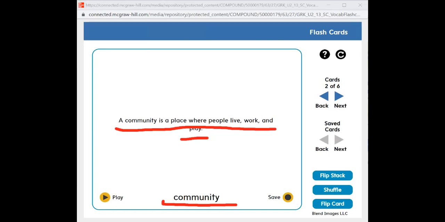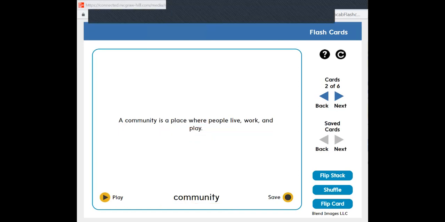That is community. So you are going to be tracing in your foldables on page 21 the words that we are going to be listing. So you don't have community, but you do have the word vote. And you will see the definition on the back of that page. So you're going to go through those words and learn them. Let's look at the next one.